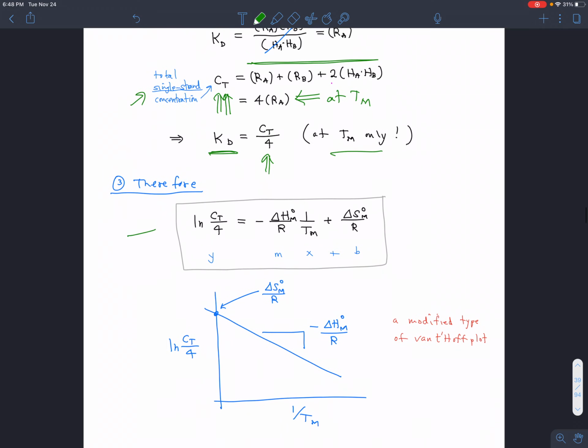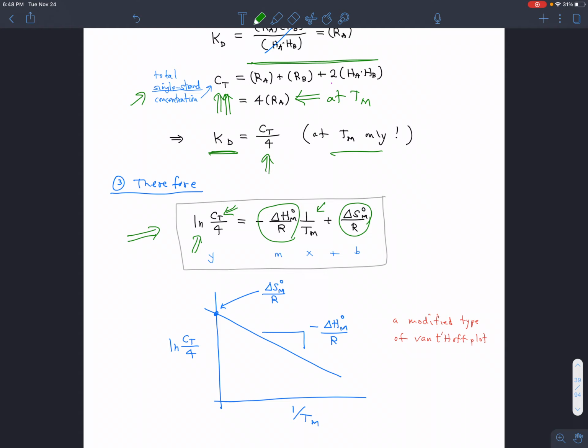And therefore, we have our overall relationship that we're trying to get here, which says that the logarithm of the total concentration of single strands that you put into solution is equal to this quantity, delta H for melting, divided by R, times 1 over Tm, plus this other quantity we want, delta S for melting, divided by R.